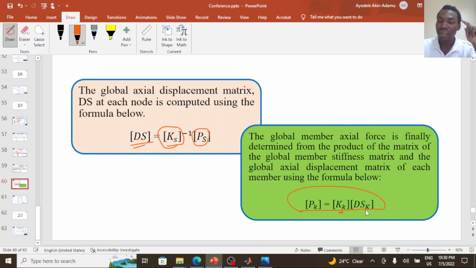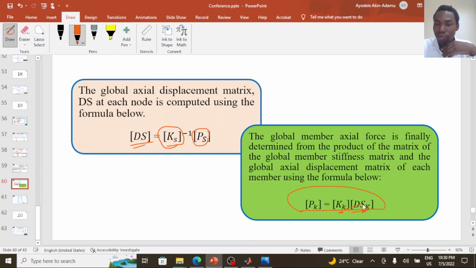K can be 1; if K is 1, it is the displacement vector of element 1. This local displacement vector for the element is a 6 by 1 matrix. Each element has 6 degrees of freedom, 3 at each node. So dsk is a 6 by 1 matrix and Kk is a 6 by 6 matrix.